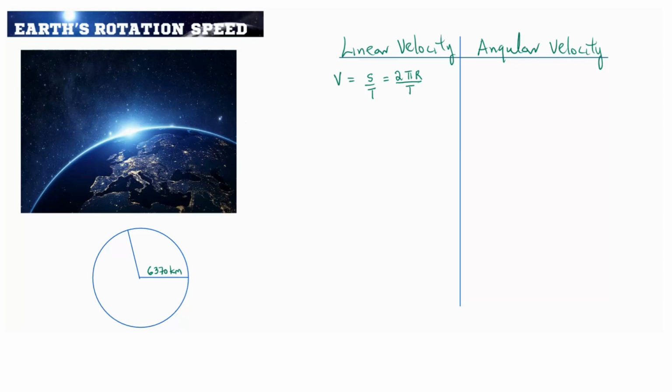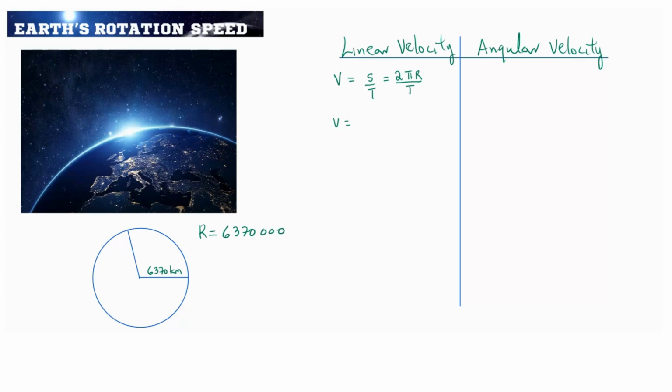So time here would be 24 hours because the Earth spins around every 24 hours, making one complete revolution. First, we need to convert the kilometers here to meters. So here r, we have 6,370 kilometers to meters, so we just multiply that by 1,000.